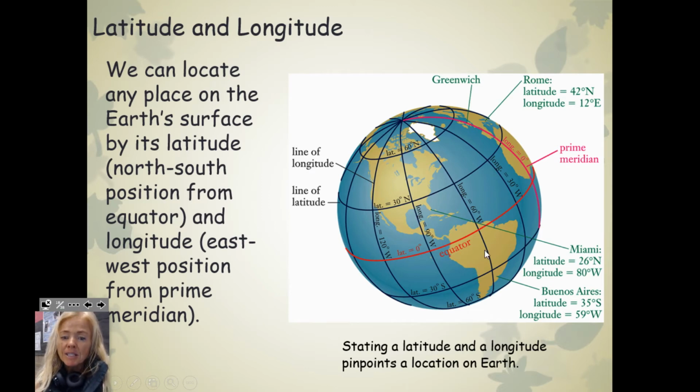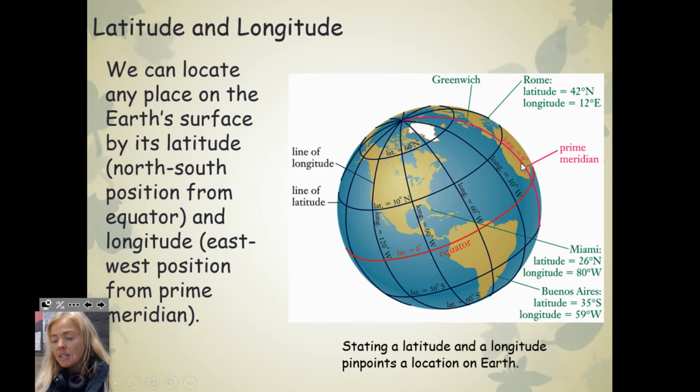And then your east-west position are going to be your longitude lines, and your longitude lines go very long. That's how I remember that they're long. All right, they go from pole to pole. And again, they've marked each of these every 30 degrees as well. Right here is the prime meridian, and the prime meridian is at longitude 0 degrees.